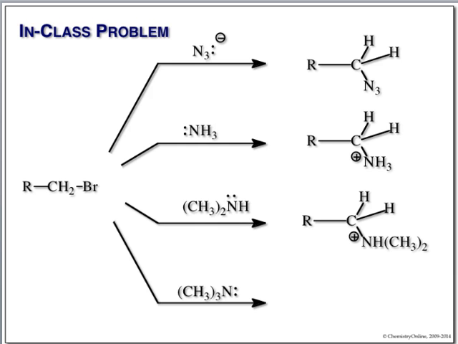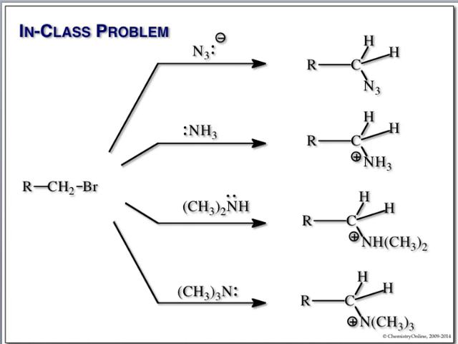Here we have trimethylamine. Trimethylamine is a compound with an unpleasant odor and a very low boiling point. It's the odor of bad fish. Okay? Trimethylamine, nitrogen again is our nucleophile, bromine the leaving group. Here we make the quaternary ammonium salt.